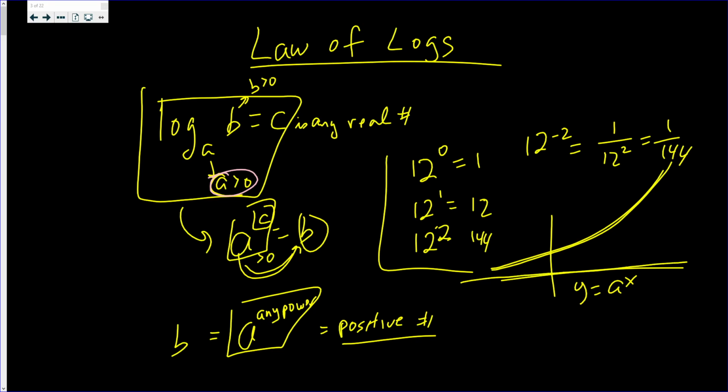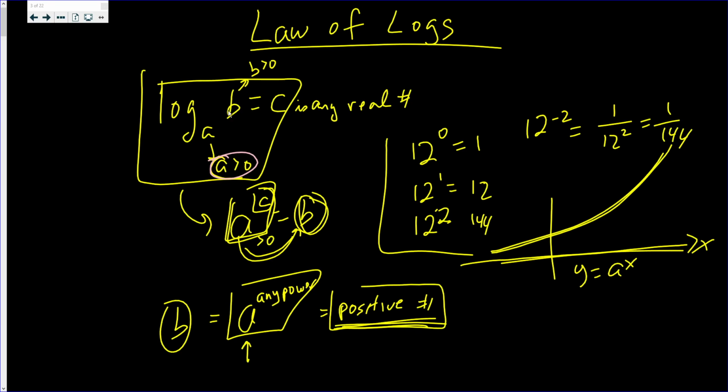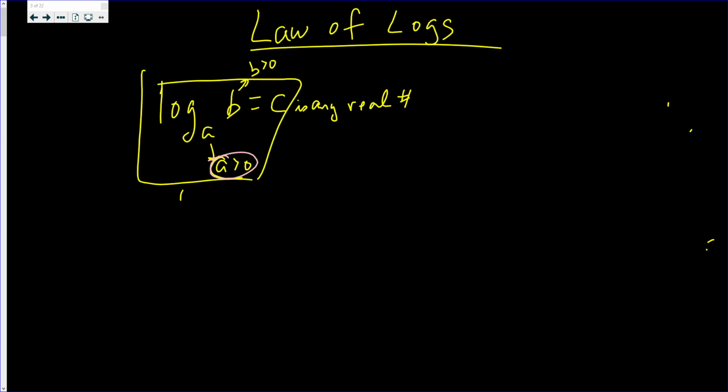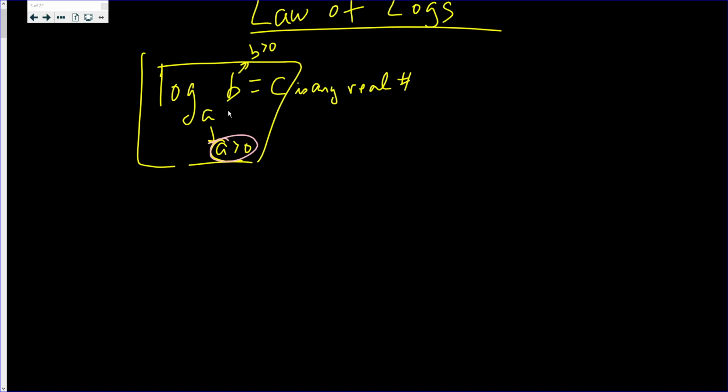It's never 0 and it's never negative. So a to any power is positive, but a to the power is equal to b. So if b equals a to the power, and a to the power is always positive, then b is always positive. And the number c, as I denoted, can be any real number. It can be 7, it can be 1/3, it can be the square root of pi, anything.